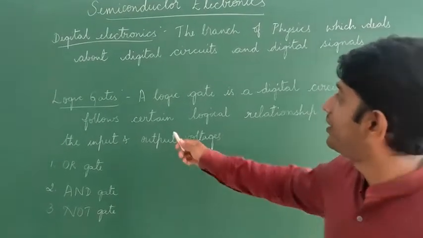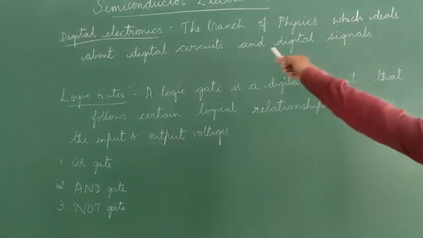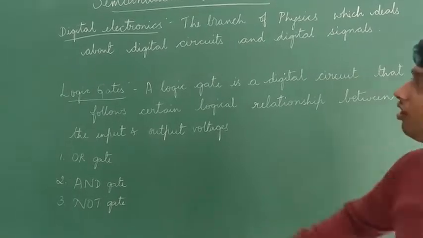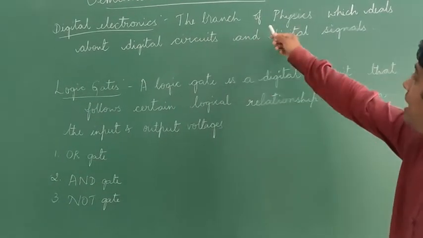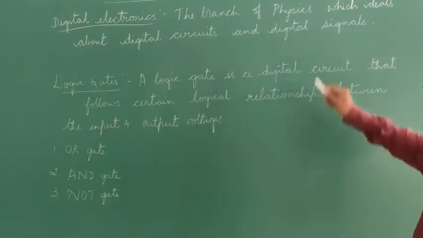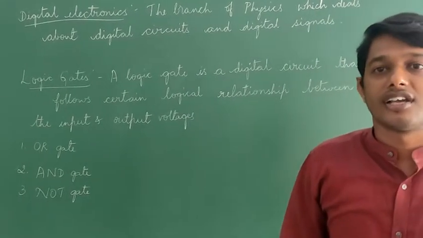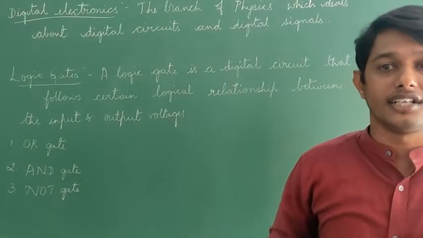The next topic is digital electronics. The branch of physics which deals with digital circuits and digital signals is called digital electronics. There are two levels in digital circuits.